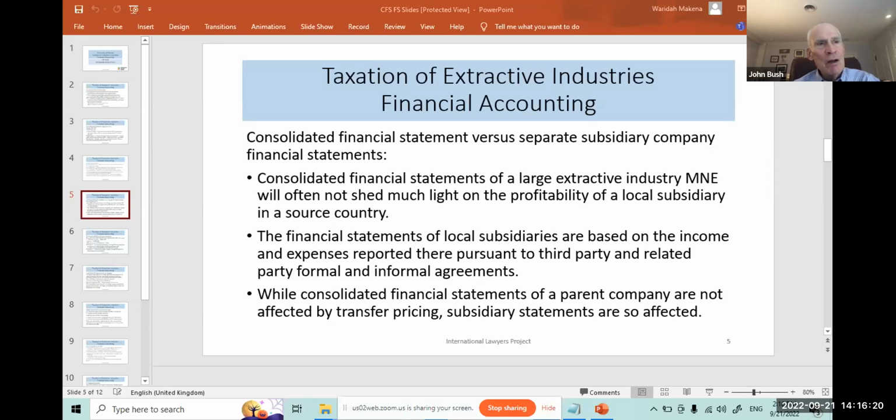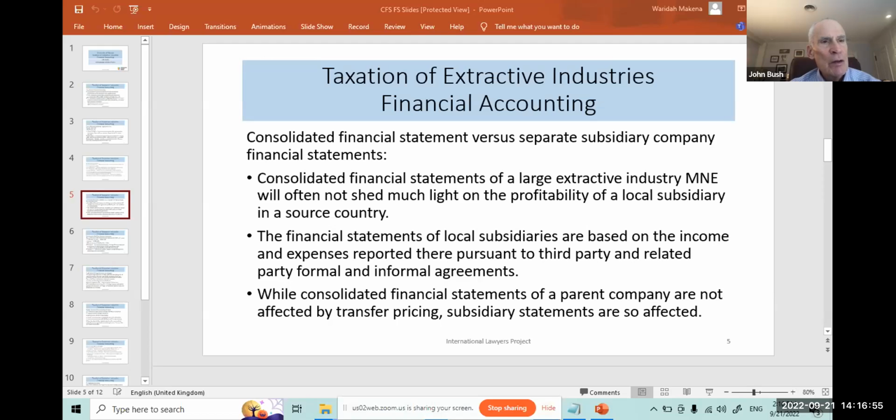Now that can change under some forms of formulary apportionment. And indeed, when one looks at the OECD proposals for Pillar 1 and Pillar 2 and the consolidated use of financial statements, one of the reasons for the use of the financial statements is to try to get around the artificiality sometimes of what the subsidiary financial accounts look like.